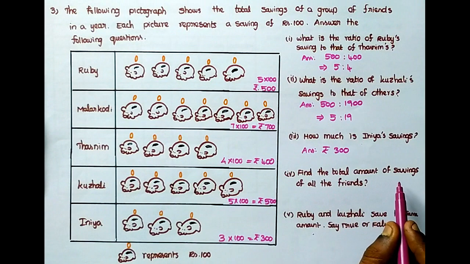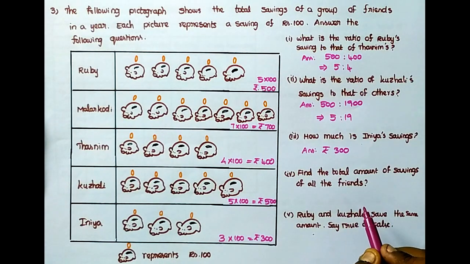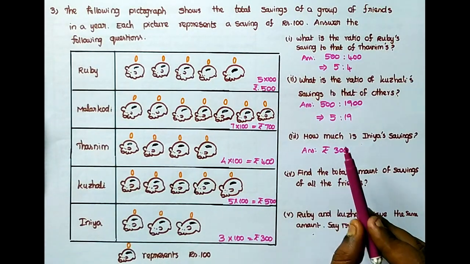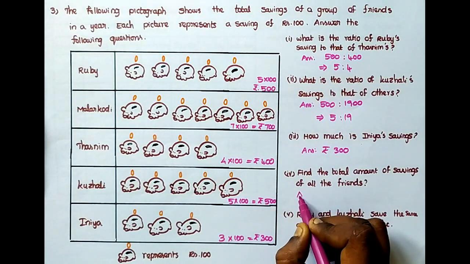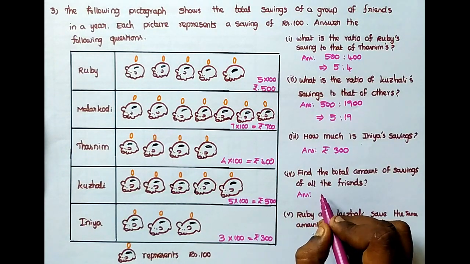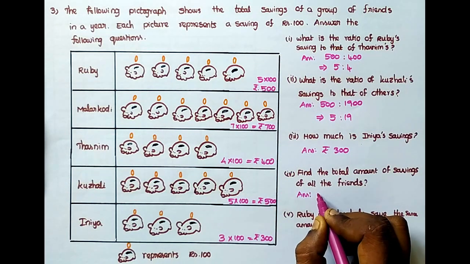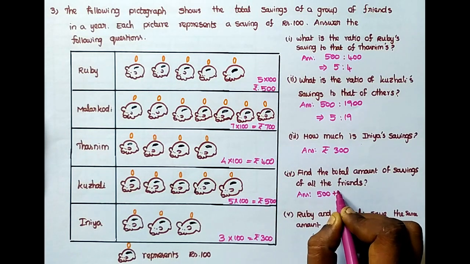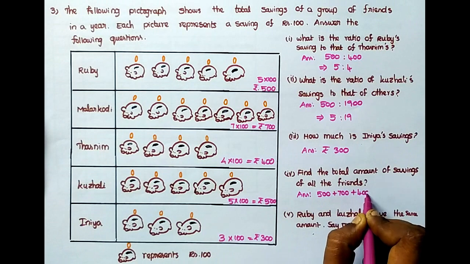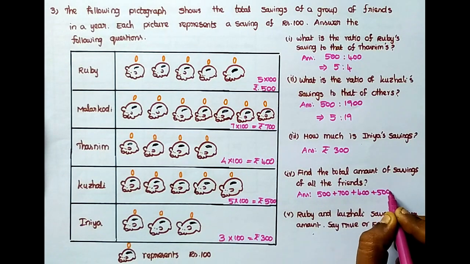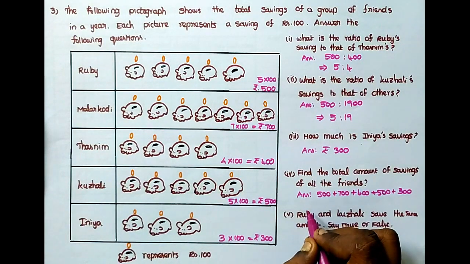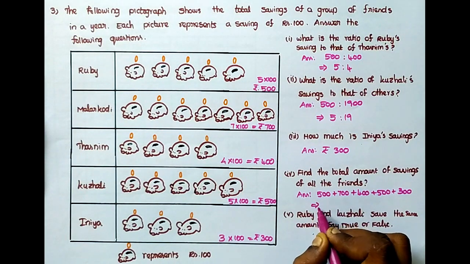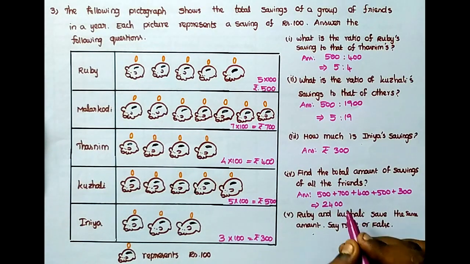Next one, find the total amount of savings of all the friends. Adding all: 500 plus 700 plus 400 plus 500 plus 300, that means 2400 rupees.